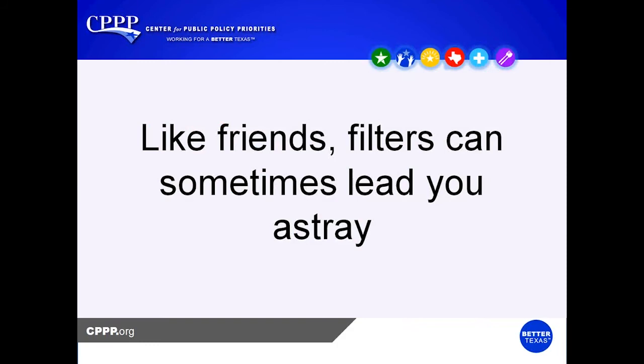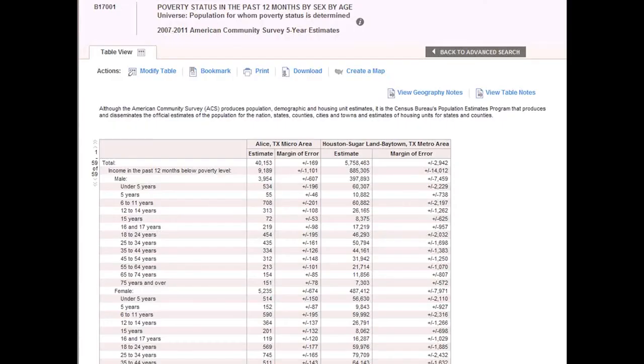One final thing: filters can also lead you astray. As we were talking about earlier, when I pulled this table, I put in the table number. If I'd not done that and I just put in child, I wouldn't have gotten this table, even if I was interested in child poverty. The reason is if you look at this table, nowhere on this page is the word child, even though we're talking about people under 5 years old who are clearly children.